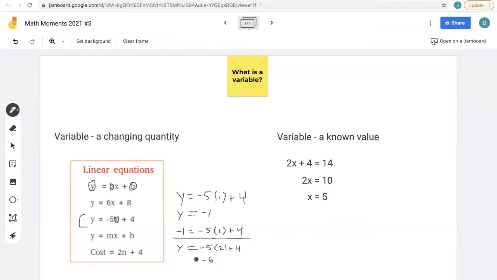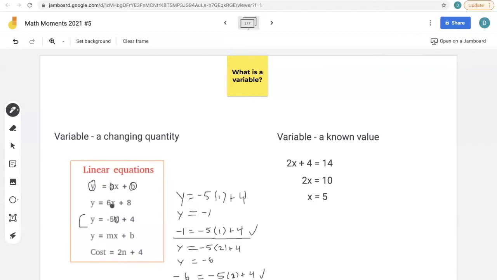So this time, negative 6 is equal to y. And so our full statement is negative 6 equals negative 5 times, or not 1, sorry, 2. I was reading the statement way above, plus 4. So these are both accurate, these are both true, and that shows us that variables change.